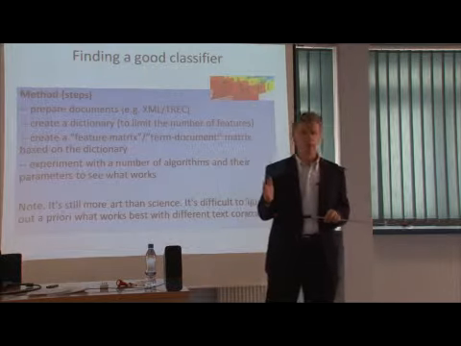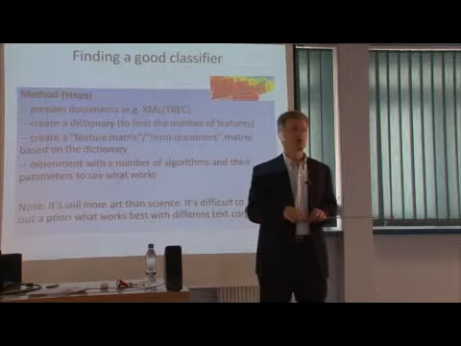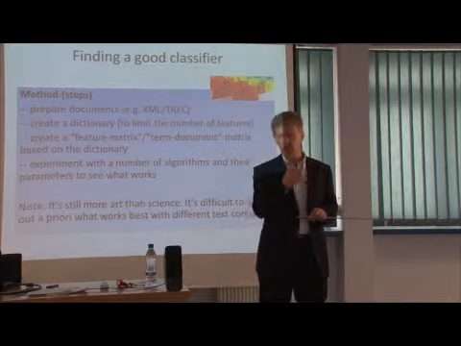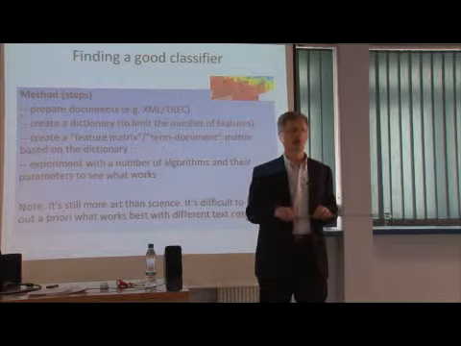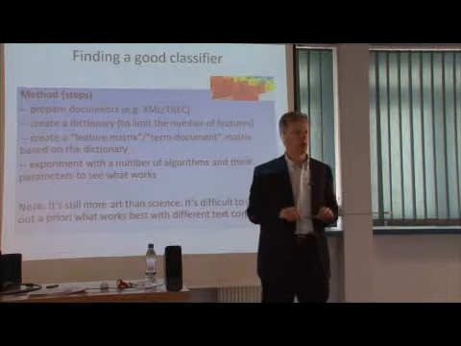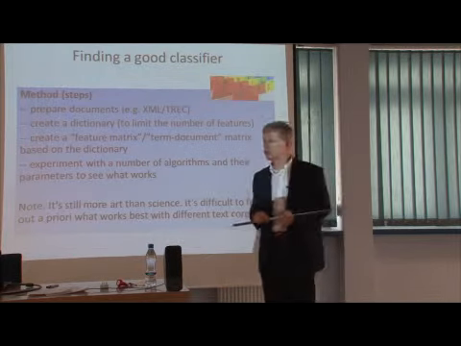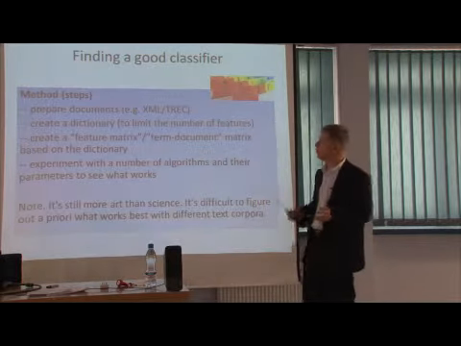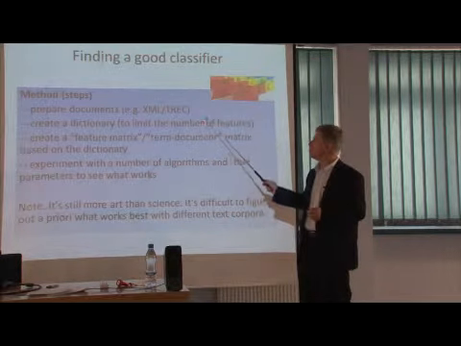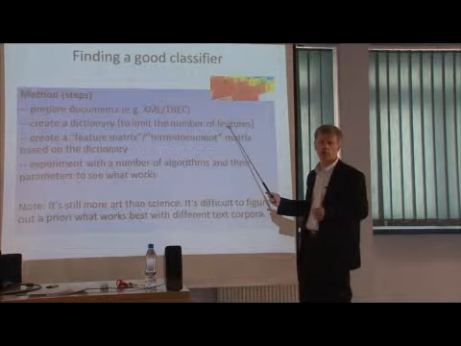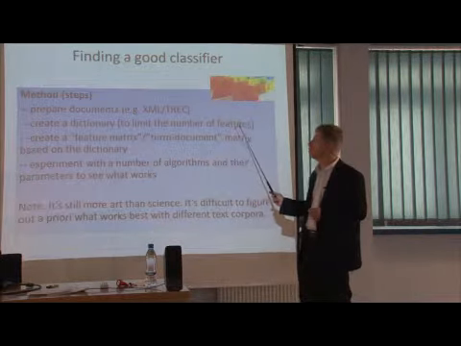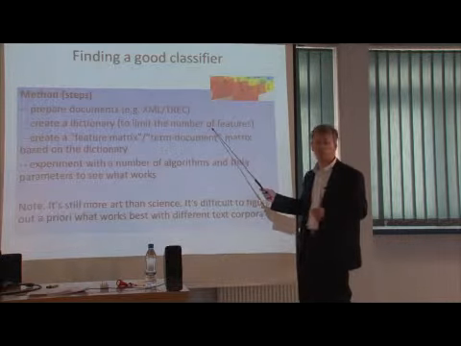What is the right number? Well, you can experiment with it. You can try different sizes of dictionary and see whether your classification accuracy improves or not. But typically you have to have about 10 times as many documents as you have features, or in this case, the feature is a word, for a Bayesian classifier.